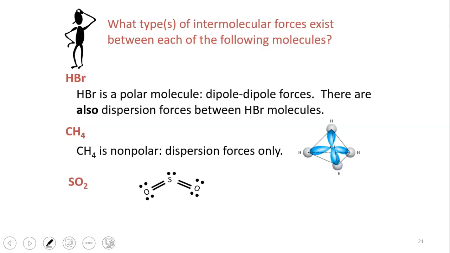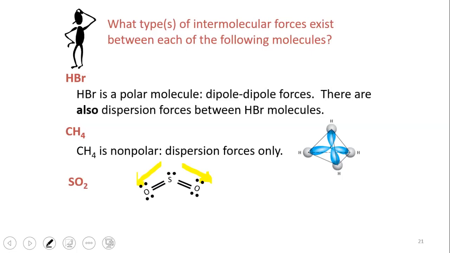Okay, let's look at the next one, sulfur dioxide. Let's look at the structure, look at the shape. Ask yourself, number one, is there at least one polar bond in here? Well, the answer is yes. Remember, the sulfur-oxygen bonds are polar. The dipole is going to point towards the oxygen atoms.